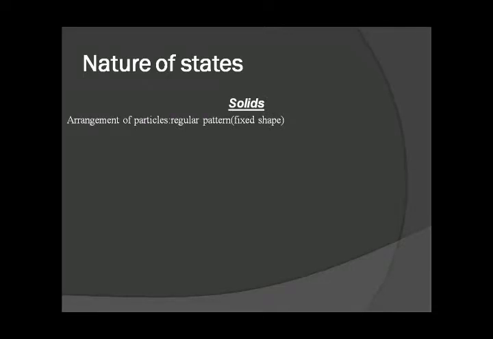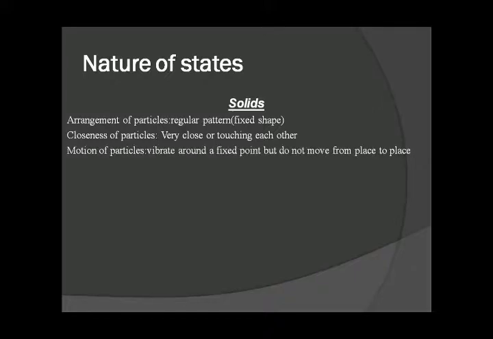The arrangement of the particles is a regular pattern, with a fixed shape. The particles are very close or touching each other. They vibrate around a fixed point but do not move from place to place. The attractive forces between the particles are very strong.